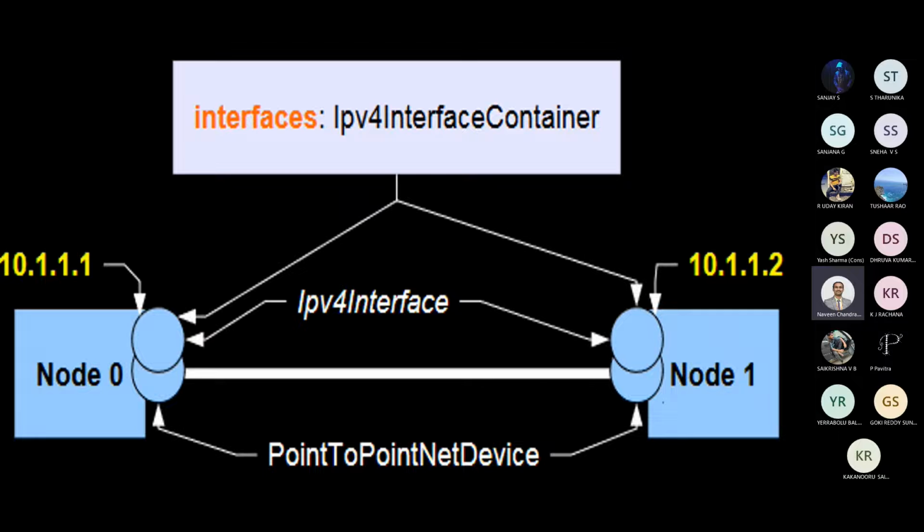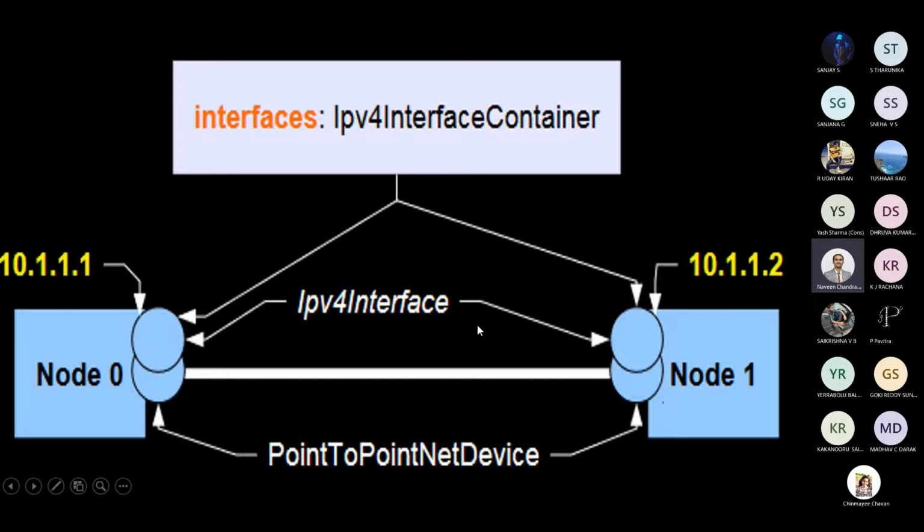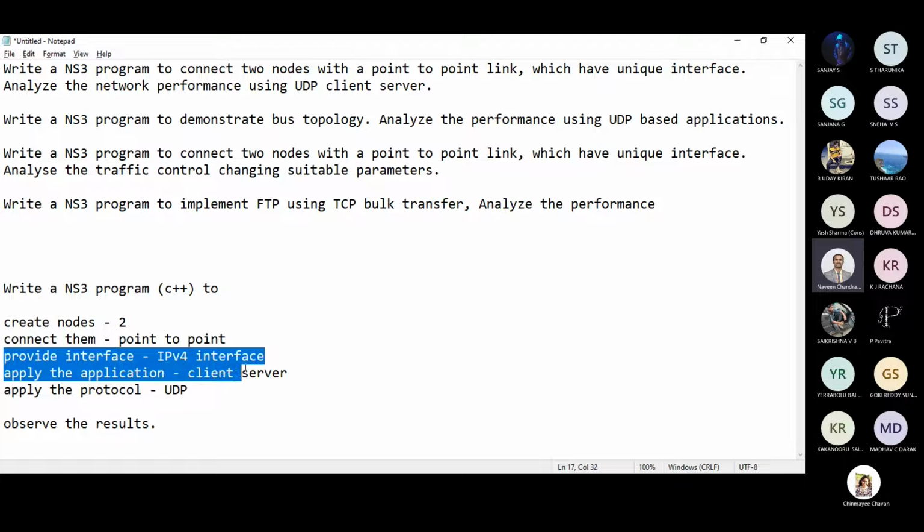You can assign any address, but based on that address, the respective mask must be provided in the relative manner. There is no constraint that you have to use it in this fashion itself. Once you assign the address by using the IPv4 interface, we are done with step 3, providing the interface.